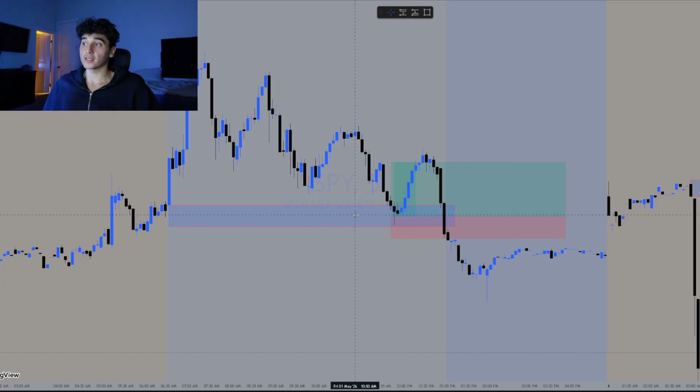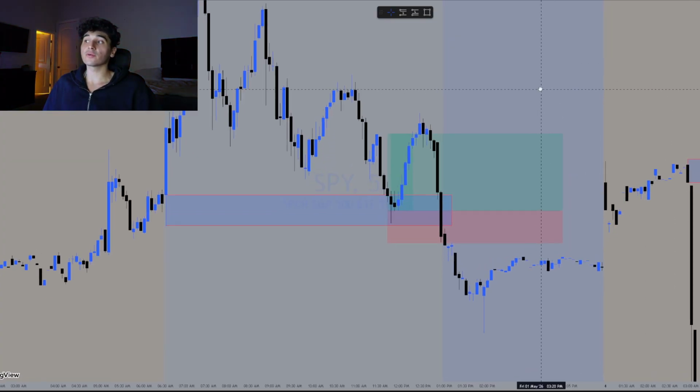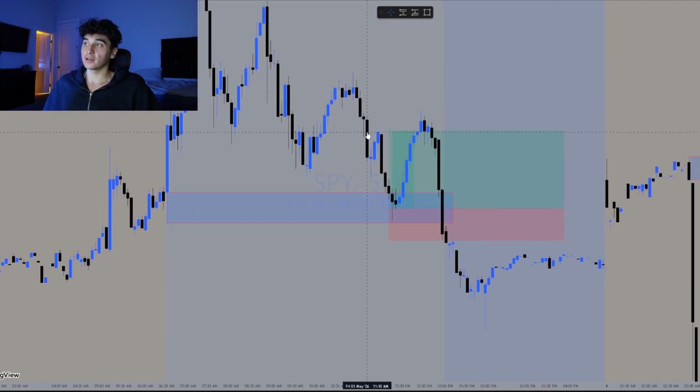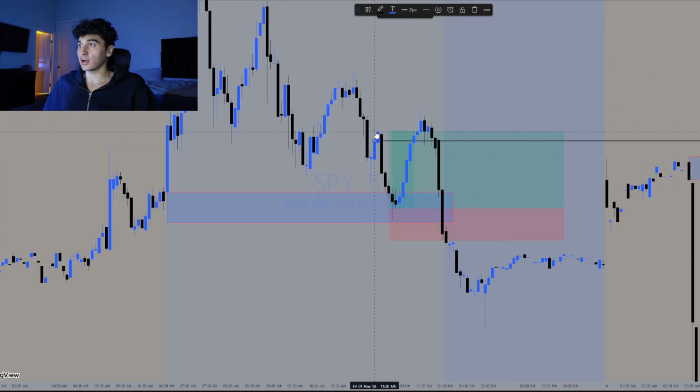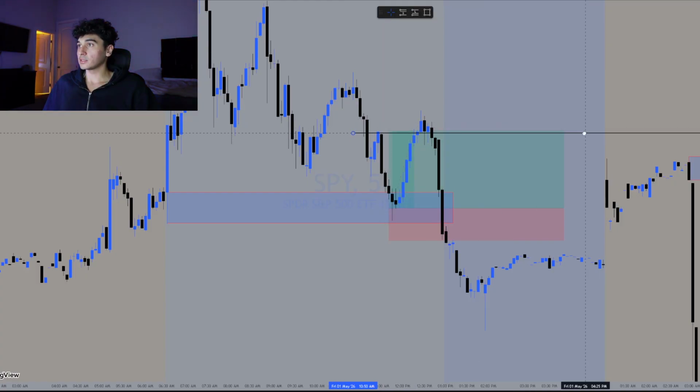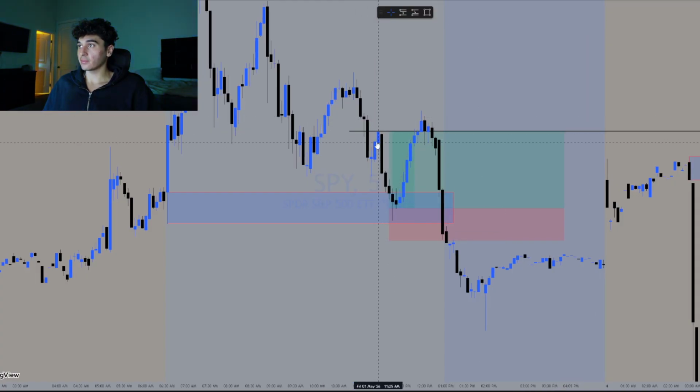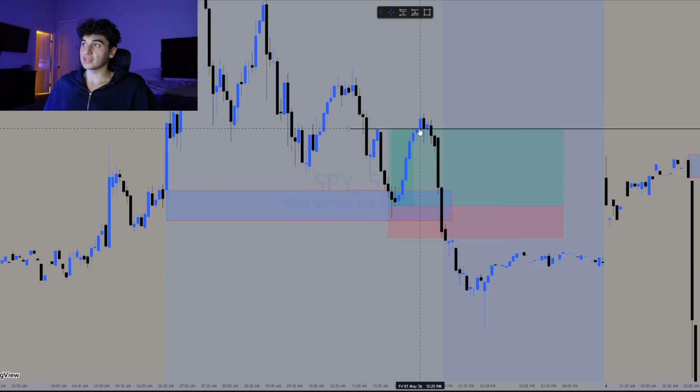We see price respect this zone and not break below. We see some buying pressure starting to be inputted. We target the nearest previous high. Where's the nearest previous high? Boom, right here. We would mark it out right here at this high, right? And as you can see, that's exactly where price ran to.